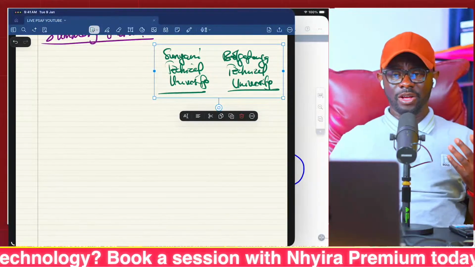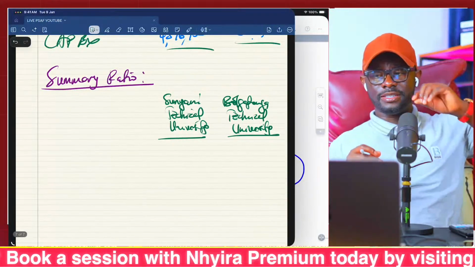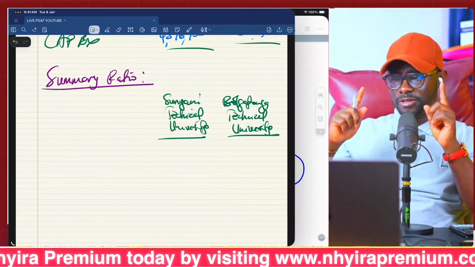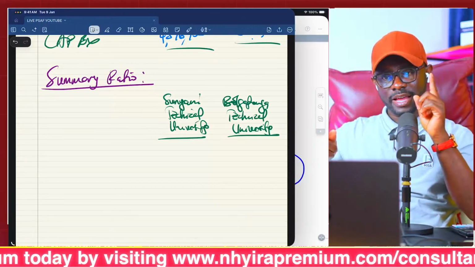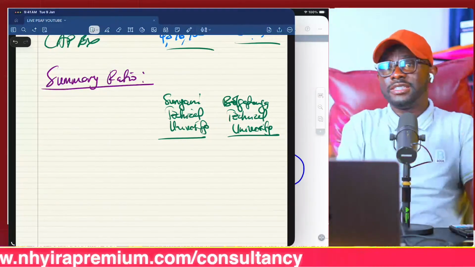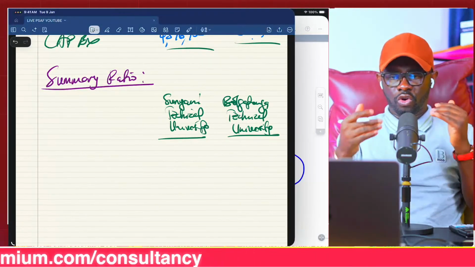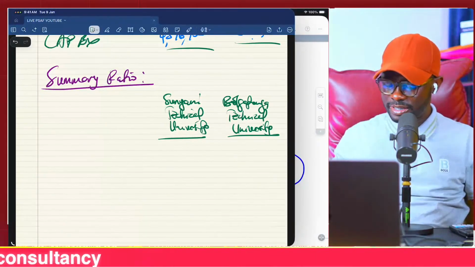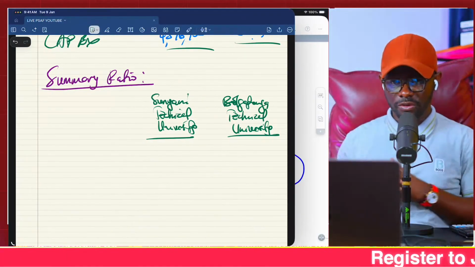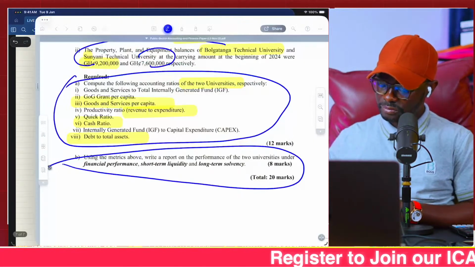Because as I say always, if the analysis is not structured well, then you may be making one statement at the expense of another, like contradicting yourself in the same ratio. So having it at a glance like this helps you to have an understanding of exactly what is going on for the period under review.